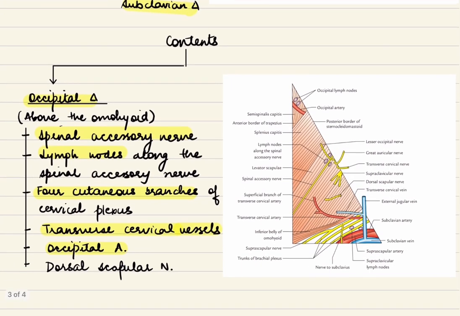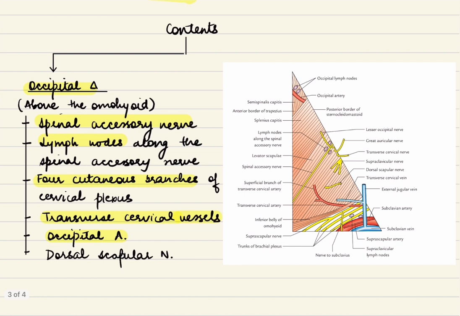Now coming to the contents. The occipital triangle, which is the triangle above the omohyoid muscle, contains the most important structure, the spinal accessory nerve. This is the spinal accessory nerve, and it also contains the lymph nodes along this nerve. And the four cutaneous branches which we discussed, namely the lesser occipital, greater auricular, transverse cervical, and the supraclavicular nerves.